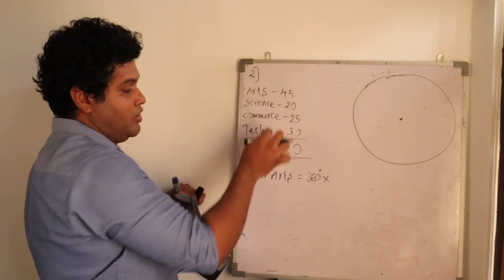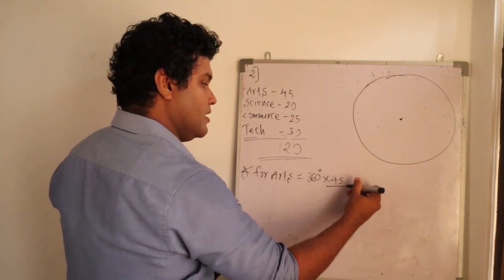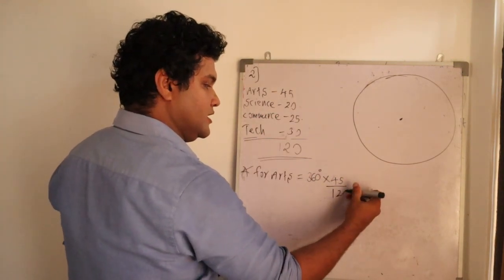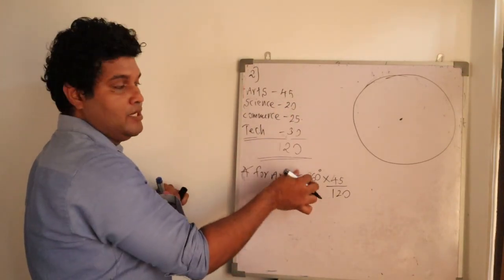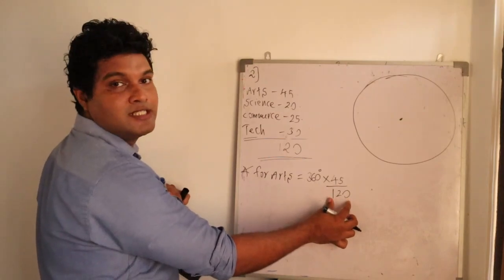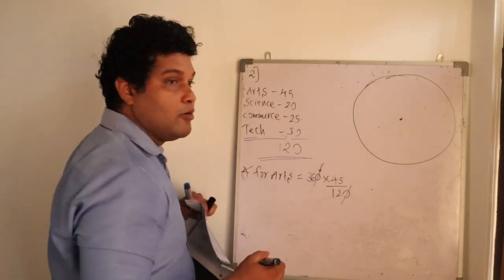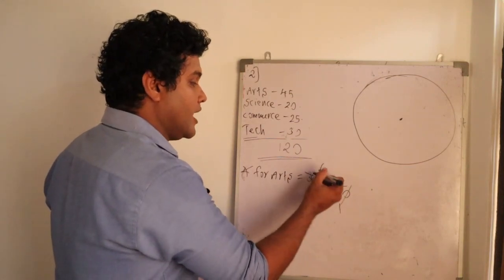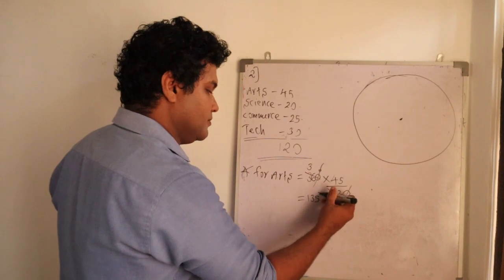The denomination you need is arts, the relevant fraction you have is 45 over 120. This is 20 over 120, 25 over 120, 30 over 120. The denominator doesn't change. However, we can simplify the zeros. 12 times 1, 12 times 3. 3 times 45 is 135.